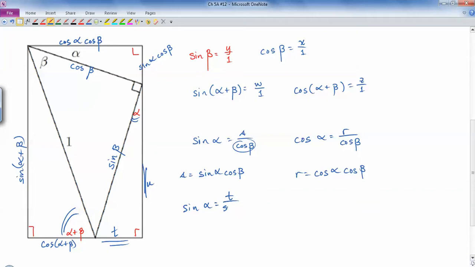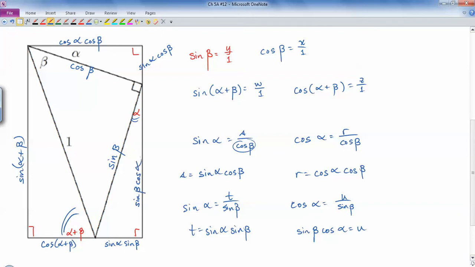If I solve for T, I get sine alpha sine beta. And then for U, cosine of alpha equals U over sine beta, so sine beta cos alpha equals U.